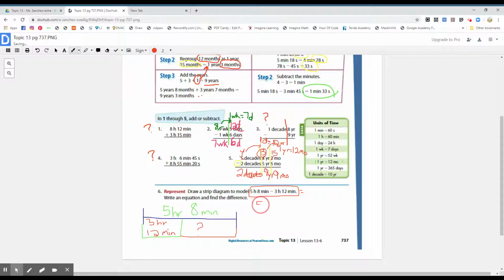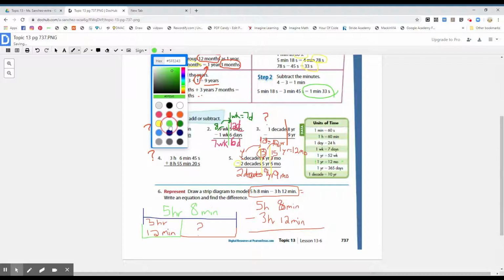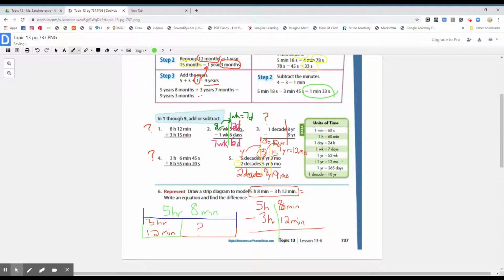So you have 5 hours, 8 minutes, and you're subtracting 3 hours, and 12 minutes. Okay, remember, boys and girls, you need to keep those 2 units separate. And you're looking at the number 8, take away 12. Cannot do that, boys and girls. The number 8 is smaller, so you need to regroup.